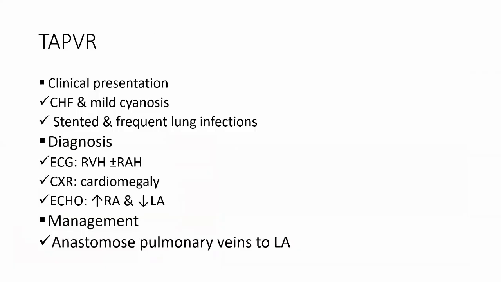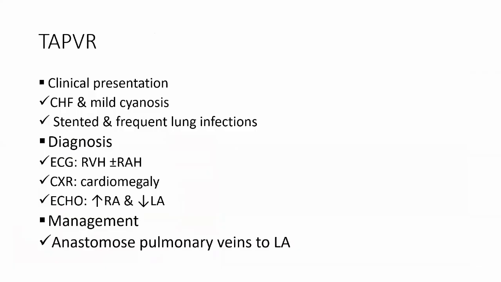And then when you do chest X-rays, you would usually see enlargement of the right atrium and also the right ventricle, with a prominent pulmonary artery segment, with some increased vascular markings. And then the ECG may show right ventricular hypertrophy or even a right bundle branch block.